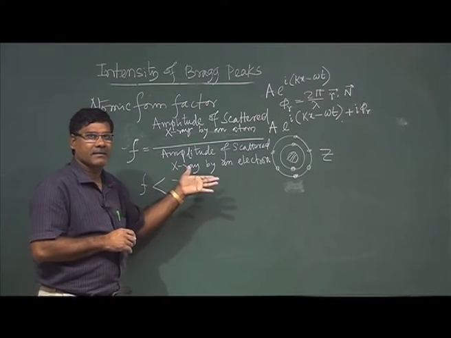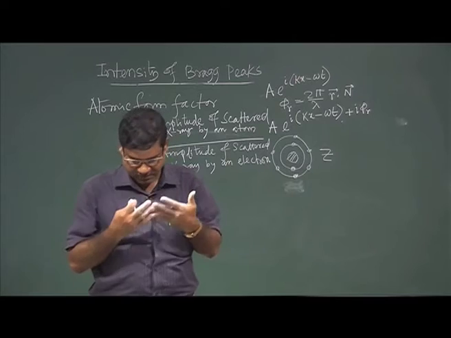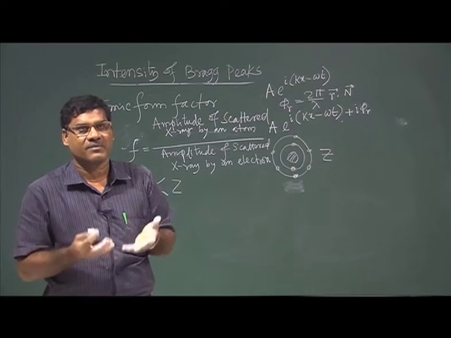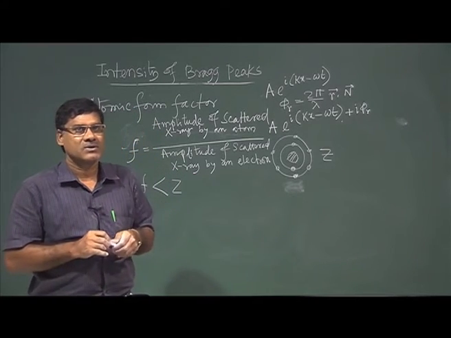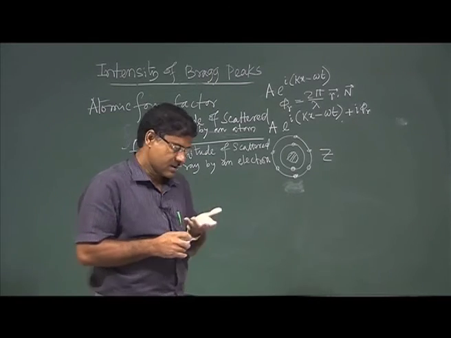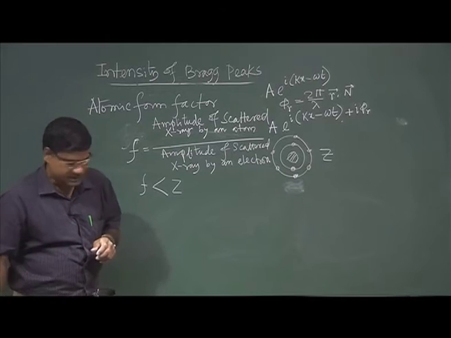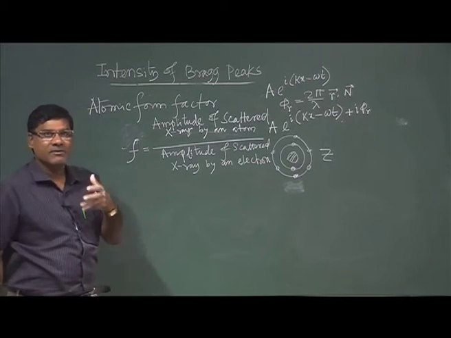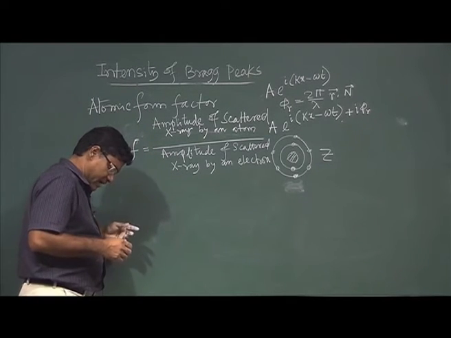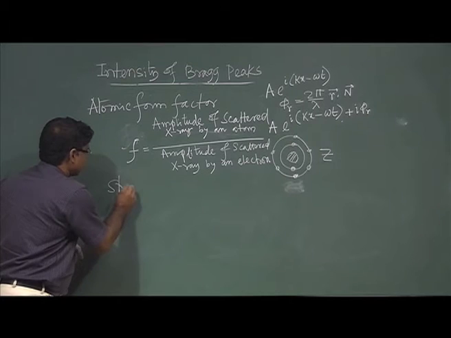As I discussed earlier, for body centered orthorhombic and base centered orthorhombic, the number of lattice points is the same, but the distributions are different. So the distributions are important. Why they are important, and how they are controlling the intensity, that we would like to discuss. That also depends on the structure of the material, the structure of the lattice. So that is why it is called structure factor.